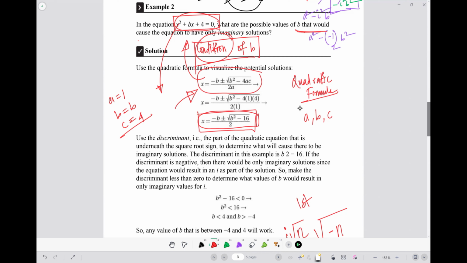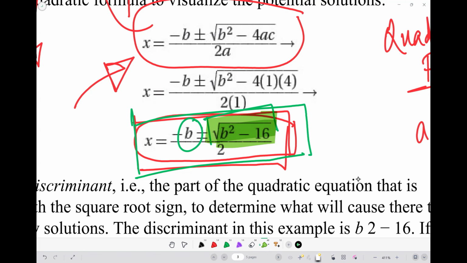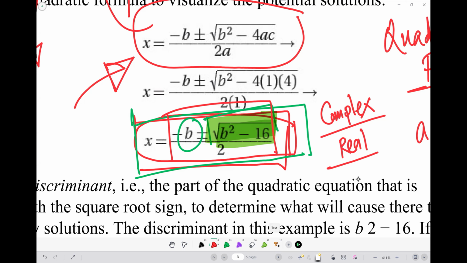And this term inside the root, under the hood of the square root, can be complex or can be real. And this whole number will be affected by this term, which is under the hood of the square root. So what is the condition?